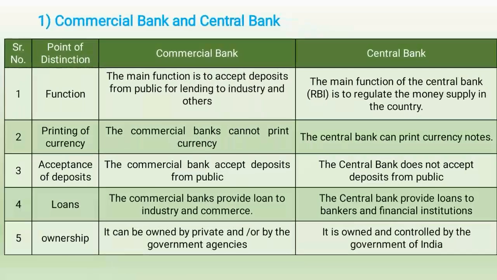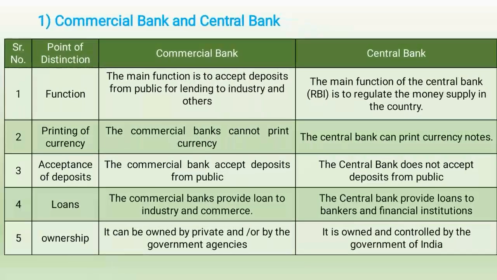Second point is printing of currency. The commercial banks cannot print currency. The central bank can print currency notes. The third point is acceptance of deposits. The commercial bank accepts deposits from public. The central bank does not accept deposits from public. Fourth is loans.